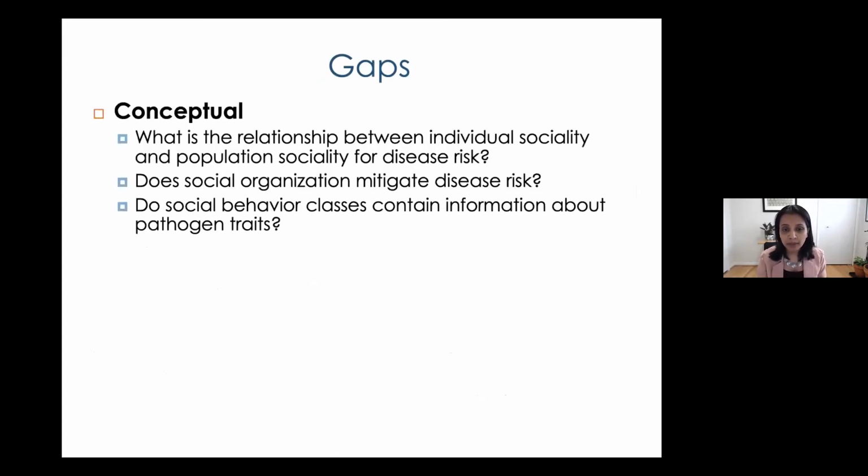So conceptually, we still need a better understanding of the relationship between individual and population level sociality. When it comes to disease risk, we need to understand how social systems mitigate disease risk and how social systems might actually drive the evolution of the pathogen, of the infectious agents that are spreading over them.